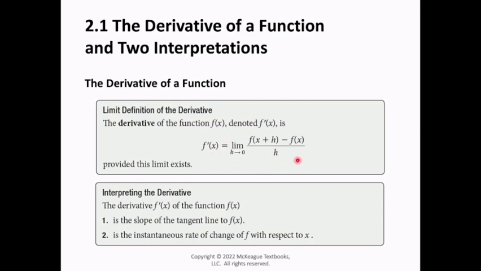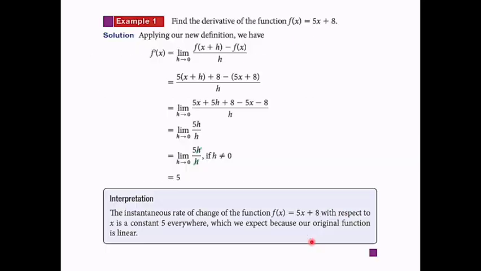So the instantaneous rate of change is the derivative. Now, we can look at this in two different ways. We can look at the derivative as the slope of the tangent line to f of x, but we can also look at it as the instantaneous rate of change of f with respect to x, specifically at a point. So let's look at our first example.